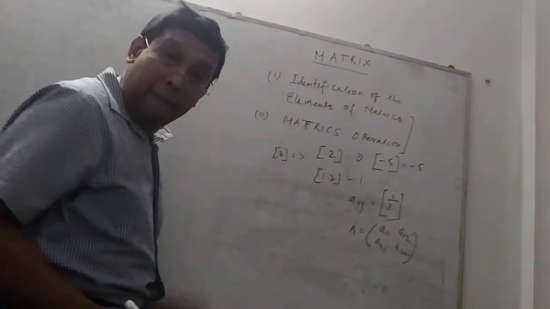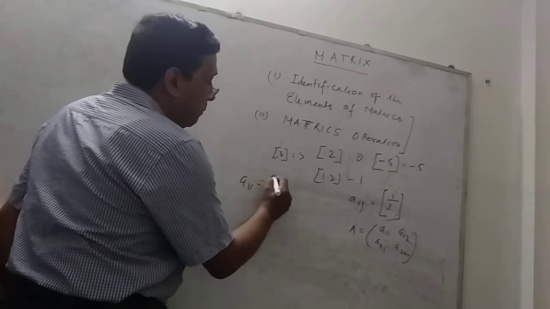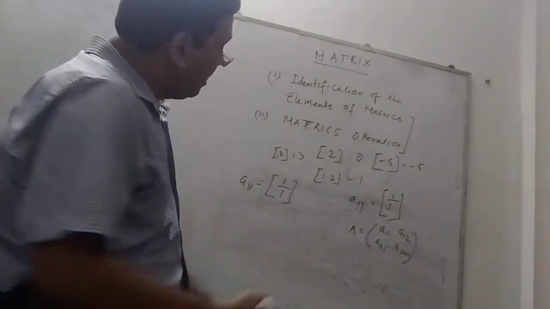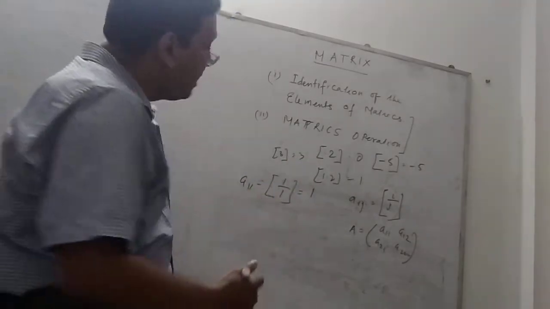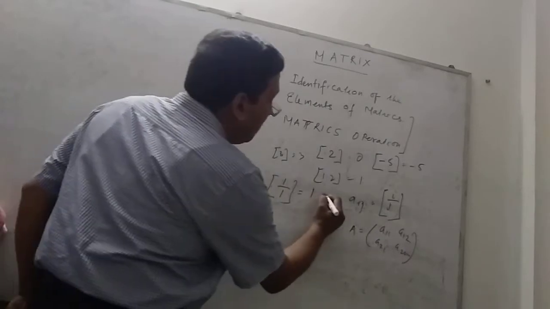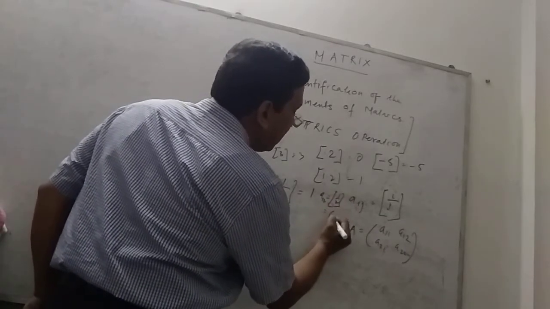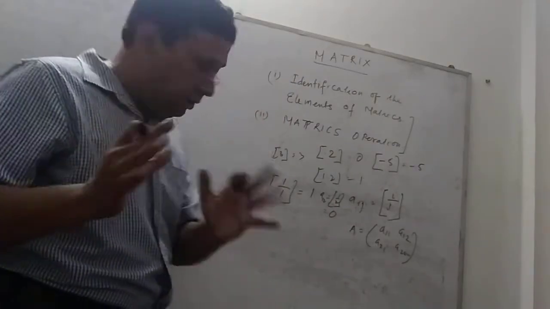Right? Always scheme first. Now what is A11? A11 means what? Box 1 by 1, because i is equal to 1 and j is equal to 1. So 1 by 1 is equal to 1. What is my A12? My A12 will be box 1 by 2, and that is nothing but 0, because box 0.5 is equal to 0.